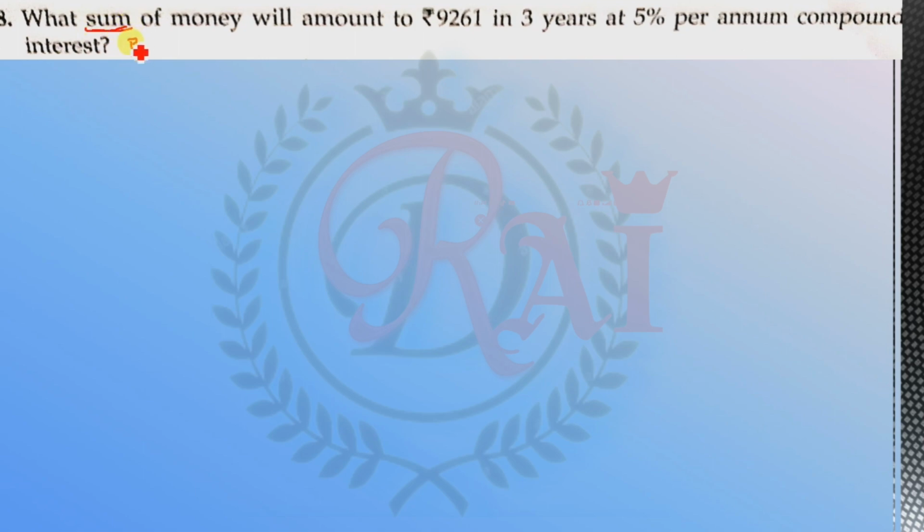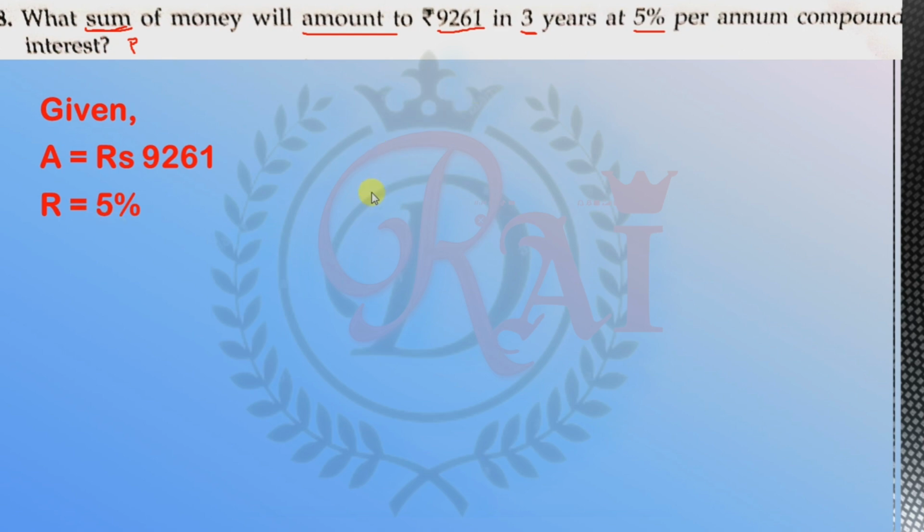Amount is given, which is 9,261. Number of conversion periods is 3, that is the time, and rate of interest is 5% per annum. So given amount is equal to 9,261, rate is equal to 5%, and n is equal to 3.